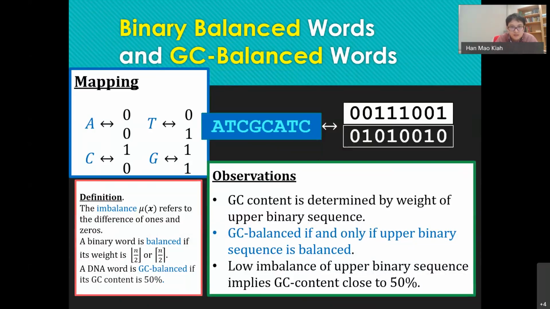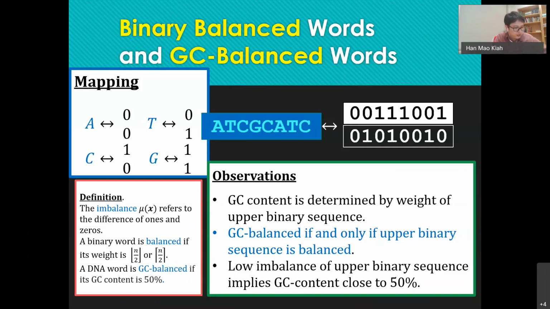Basically A maps to 0, 0, T maps to 0, 1, C to 1, 0, and G to 1, 1. With this correspondence, you can check that the GC content is determined entirely by the weight of the upper sequence. In this example, the upper sequence is of weight 4, and therefore the GC content of the corresponding sequence is just 4/8, which is 50%.